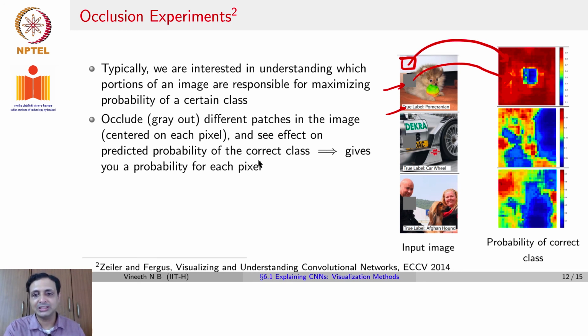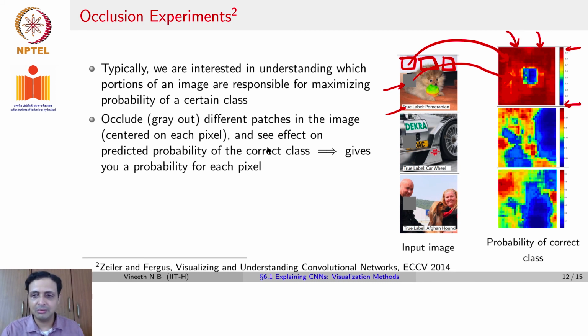So by doing this, by moving your gray patch across the image, you will have an entire heat map of probabilities of whether a pixel, or a patch around a pixel, reduces the probability of a Pomeranian, or keeps it the same. In this particular heat map, red is the highest value and blue is a lower value.